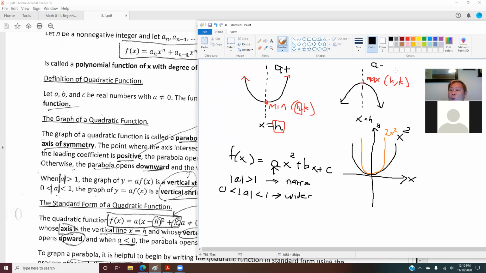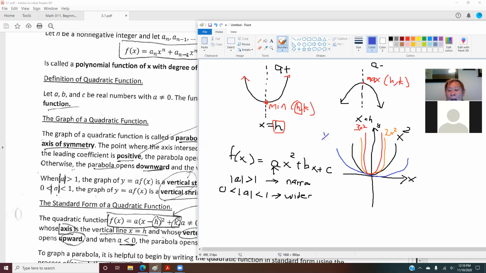And if you have 3x squared, then this graph will get even narrower. So if the absolute value of a is greater than 1, your graph is getting narrow, and the higher your a is, the narrower it gets. What happens if you have 1/2 of x squared?